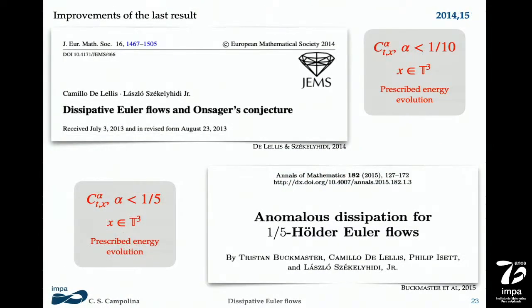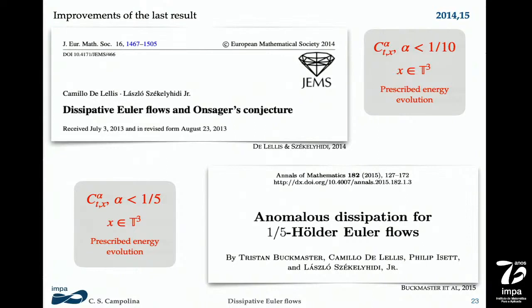Later, we have improvements of this last result. It's essentially the same technique and the same building blocks, Beltrami flows, but with more machinery from PDE. And they can prove that the procedure, with slight differences, converges in C alpha with alpha less than 1/10.